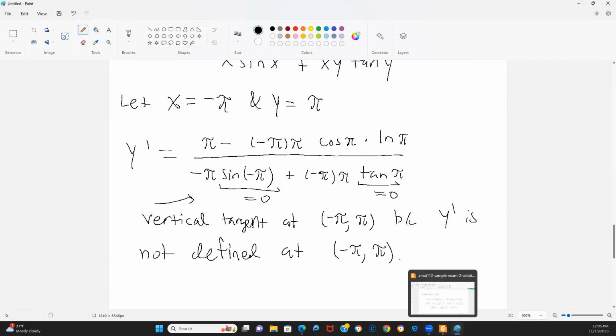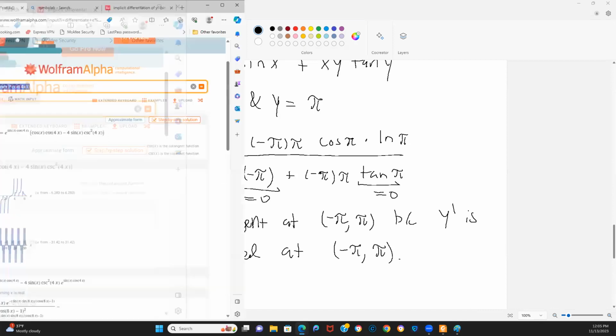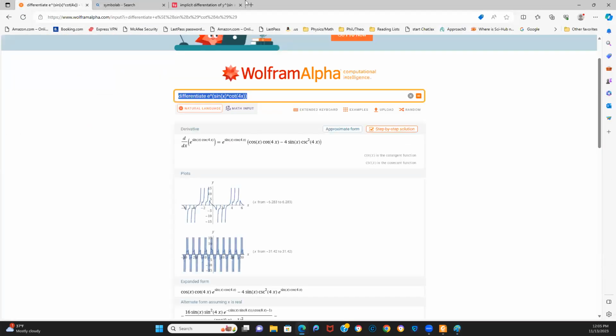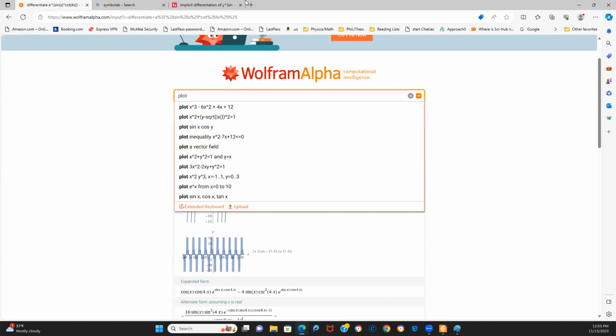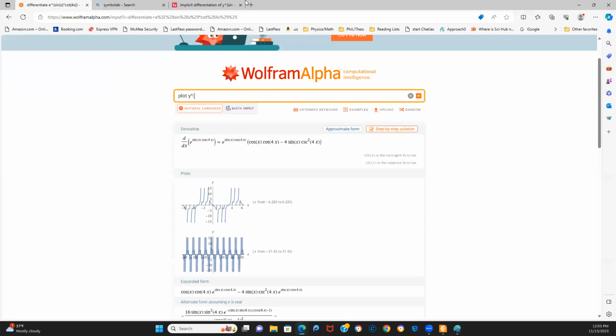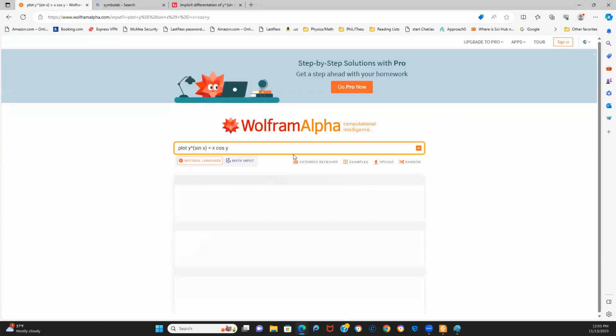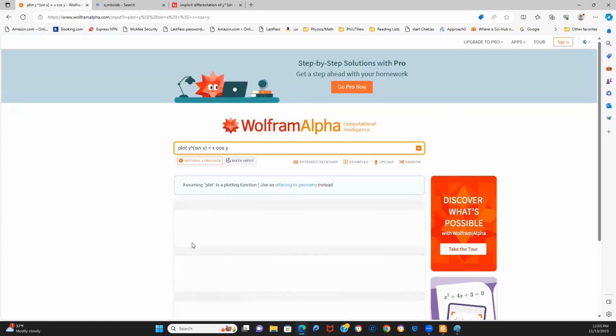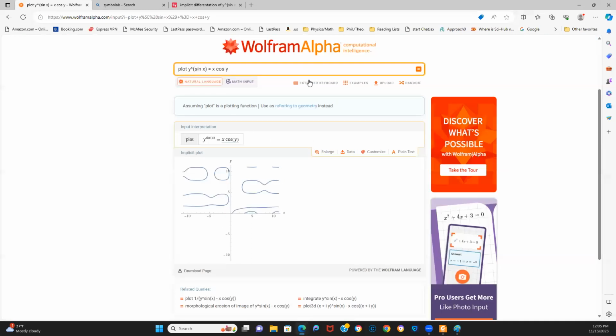I don't know if we can see it or not, but we want to plot y raised to the sine x is equal to x cosine of y. So we want to plot it near negative pi.